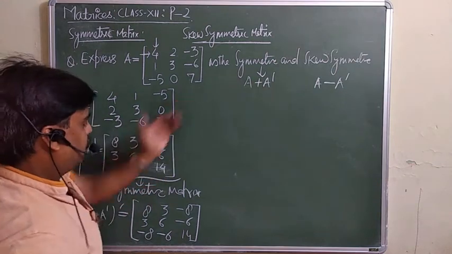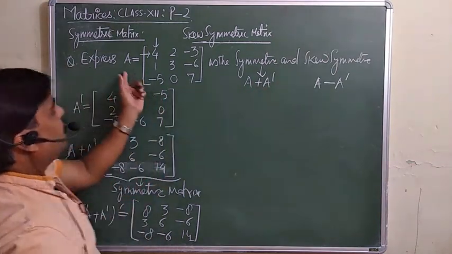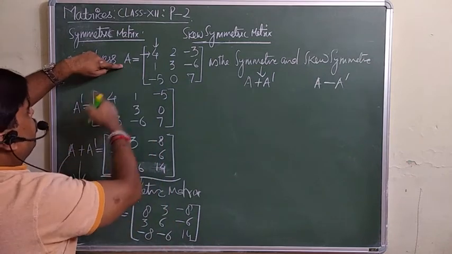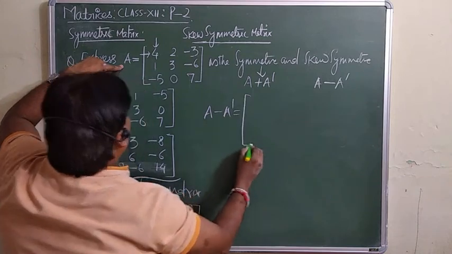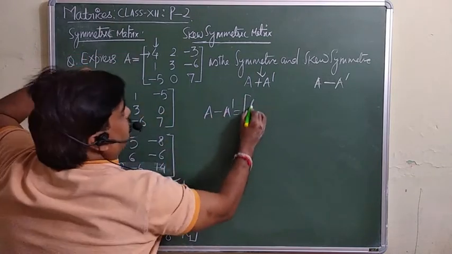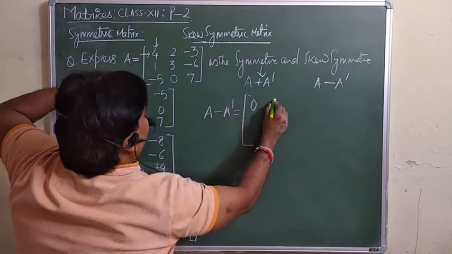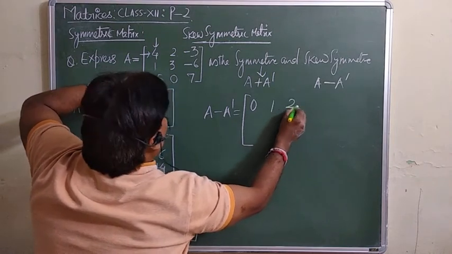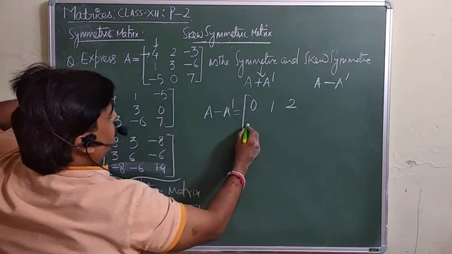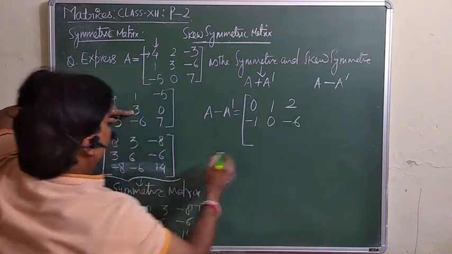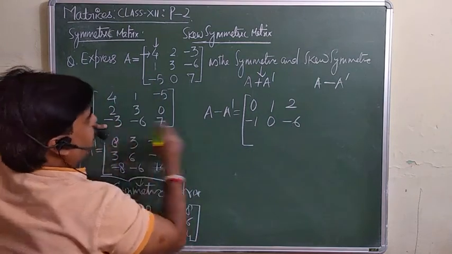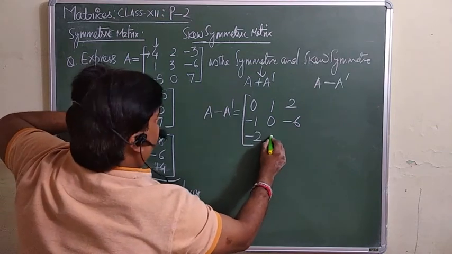Similarly for the skew symmetric one, you must do A minus A transpose. Directly you will do 4 minus 4 is 0. 2 minus 1 is 1. 1 minus 2 is minus 1. 0, then minus 6 minus 5, so minus 2.